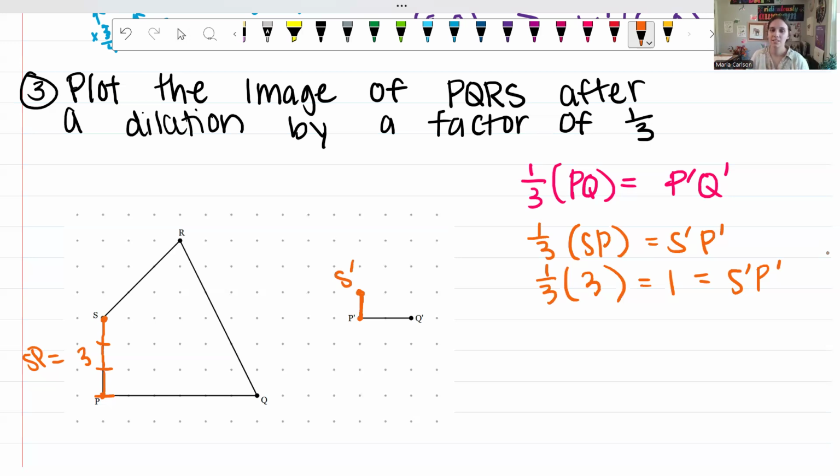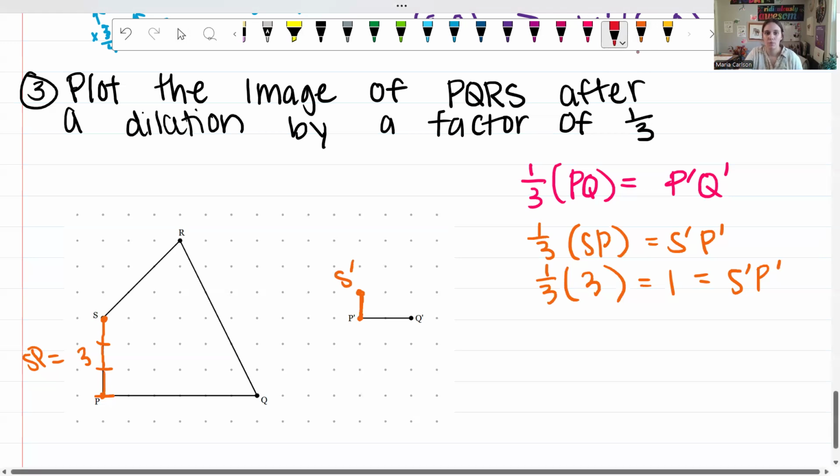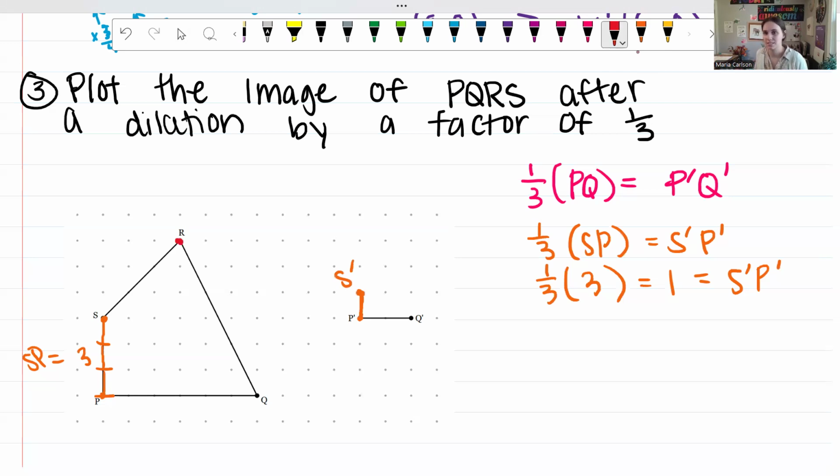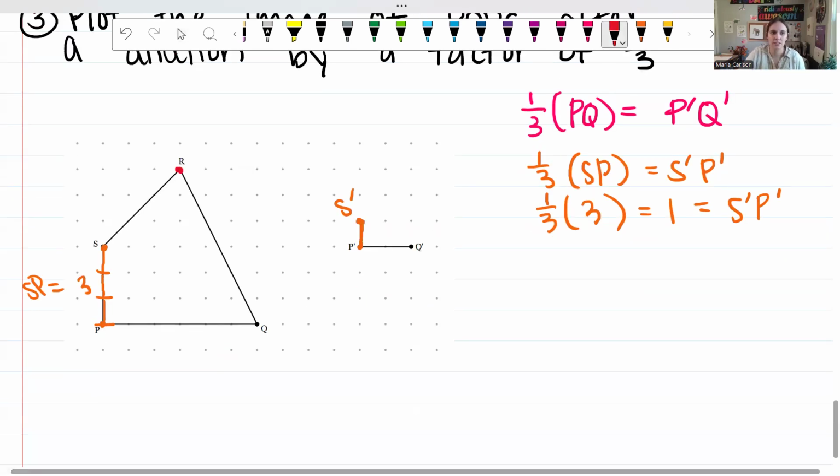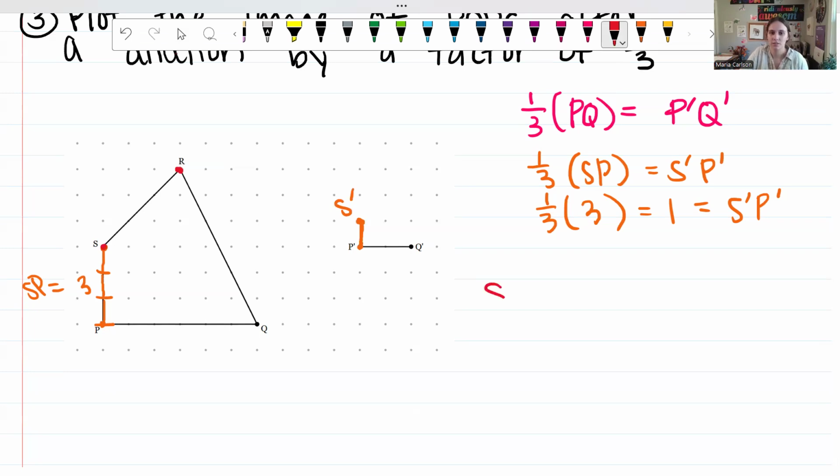Now, this is where that process can't necessarily be duplicated in the exact same way. If I want to plot our final point, I really just need to plot this point R. These are diagonal distances now. So what I'm going to do here is find the distance from S to R. So I'm really looking at SR here.